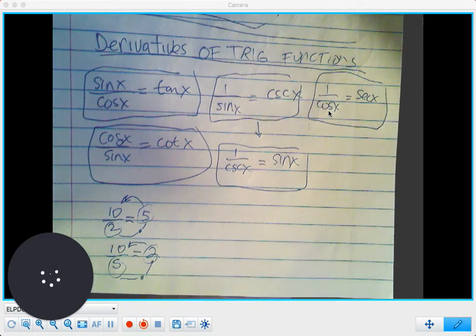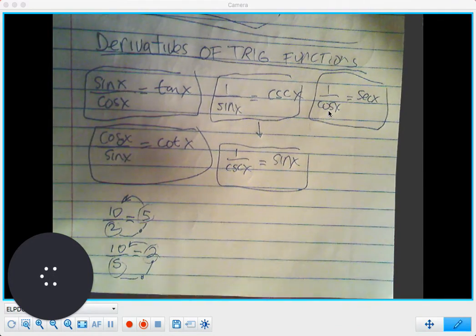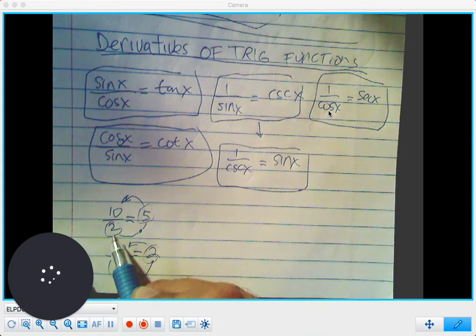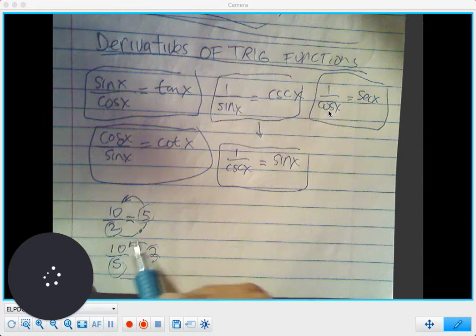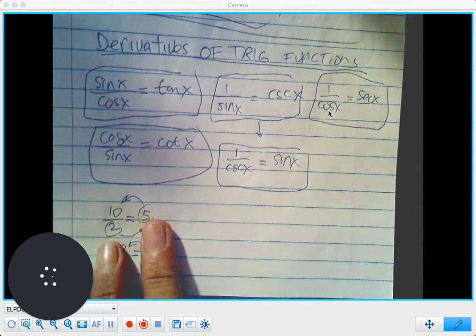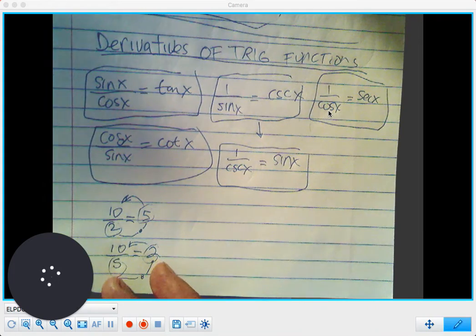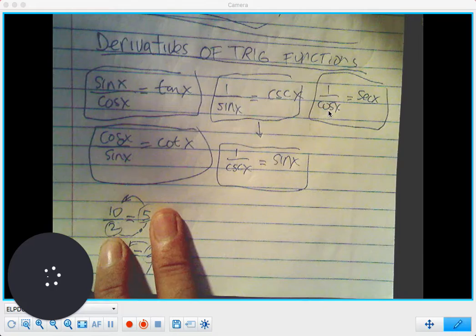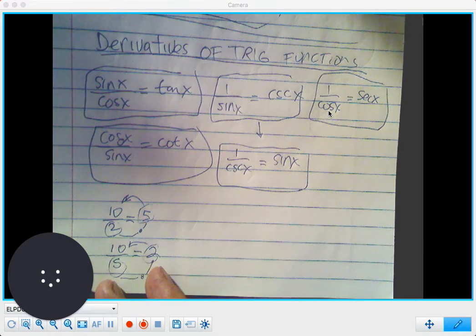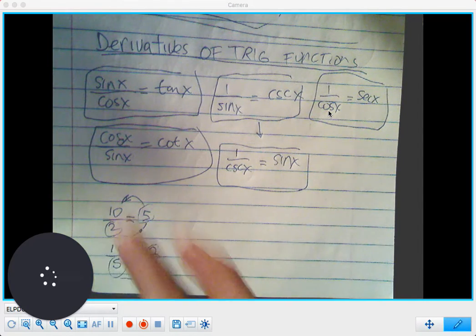It's also 10. So you see? If you multiply the bottom number times the one on the other side, you get the top. So 2 times 5, 10. 5 times 2, 10. So that means that these two numbers can be flipped. You can have the 2 on the bottom and the 5 on the other side, or you can flip them and have the 5 on the bottom and the 2 on the other side, and you still get 10.